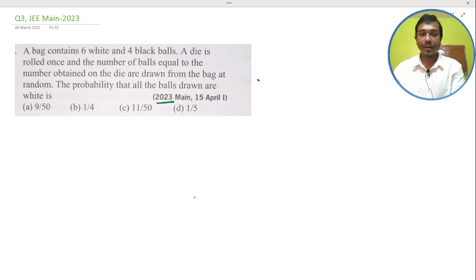Here 6 white balls, 4 black. Total balls is 10.